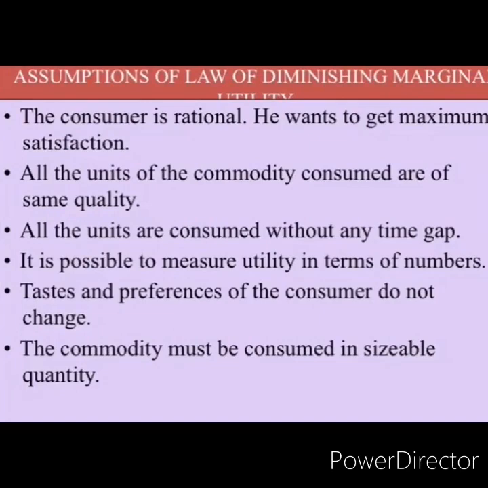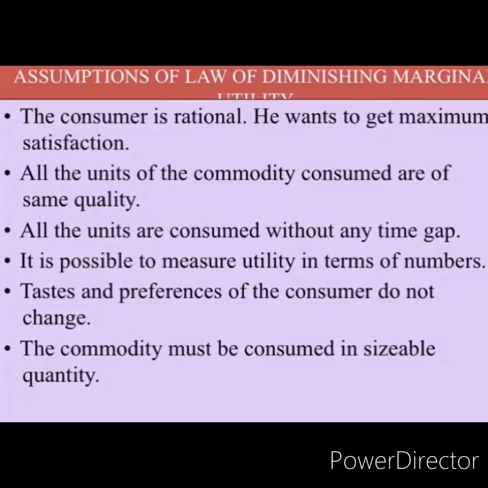Next, there are some assumptions of this law. First, the consumer should be rational. That means the consumer is intelligent. He knows how to get maximum satisfaction by spending a limited income. Second, all the units of the commodity consumed are of the same quality. That means the goods should be homogeneous.